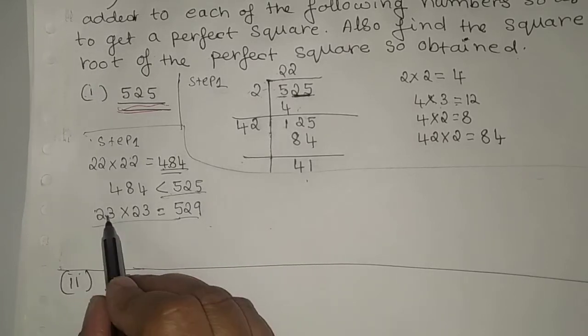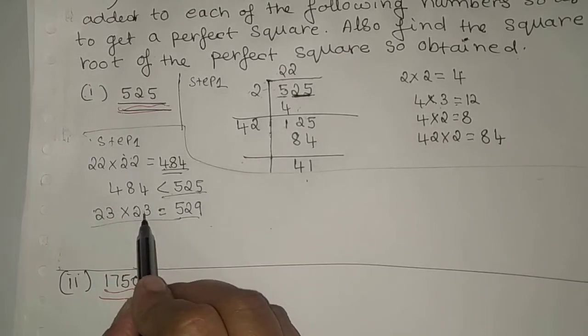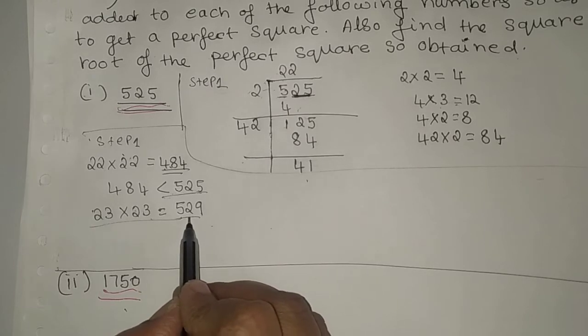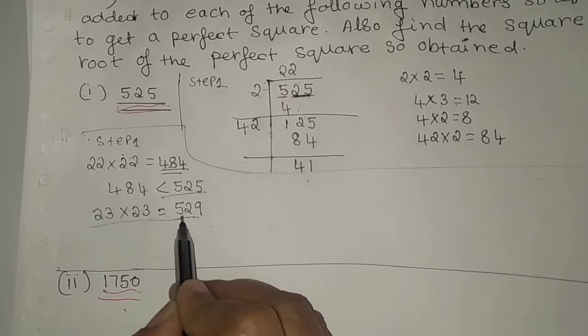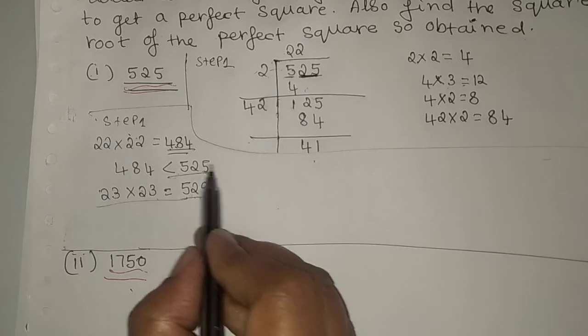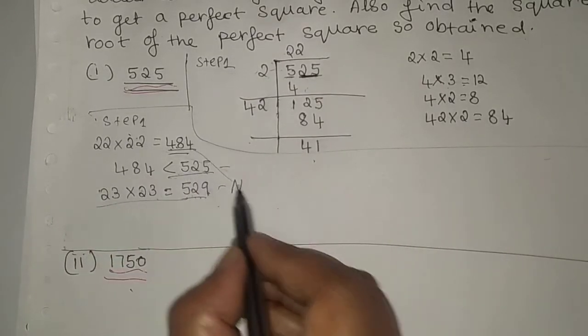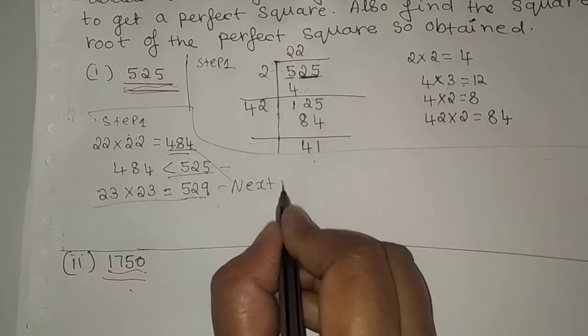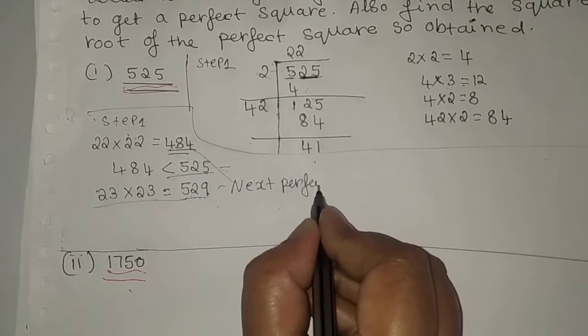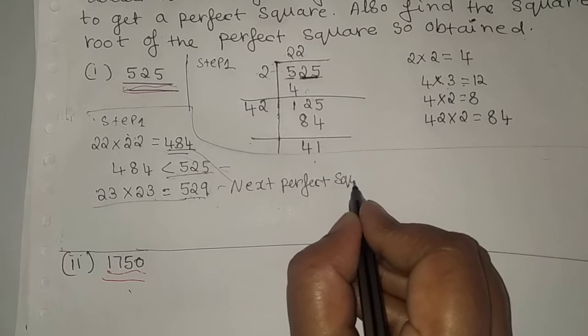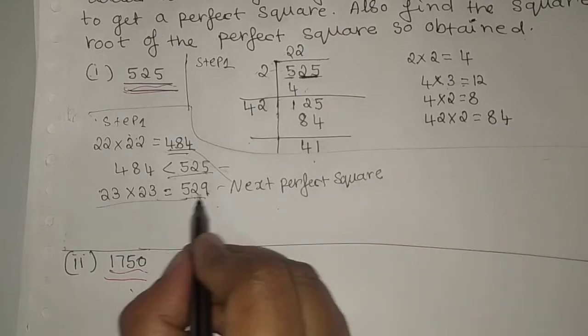So we increase the number by 1, and 23 into 23 we are getting 529, which is a perfect square. So we select this as the next perfect square.